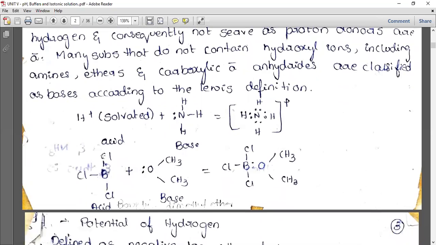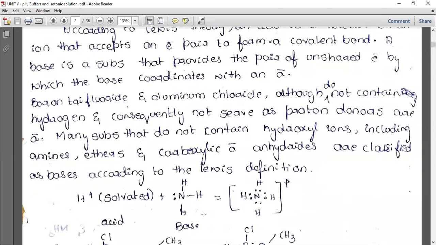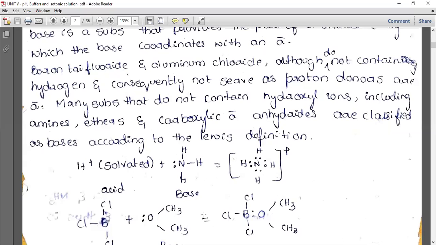Similarly, this boron trifluoride with the ether CH3OCH3, wherein there is a sharing of electrons between this oxygen and the boron, forming a complex which is a covalent coordinate bond between the boron trifluoride and this. Clear? Clear about the different ways of classifying acid and a base?